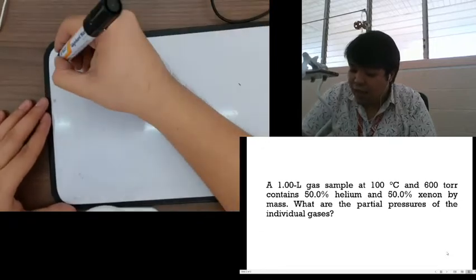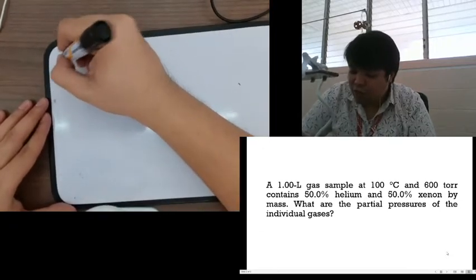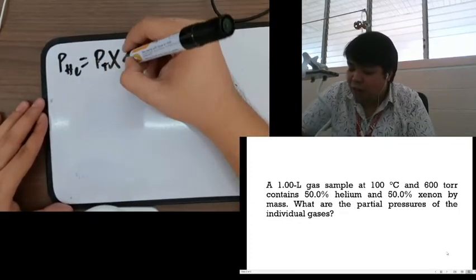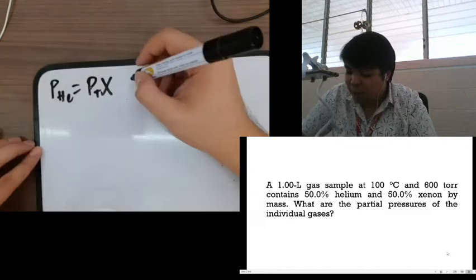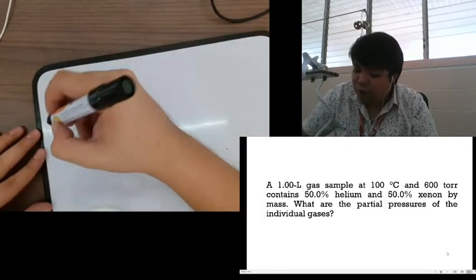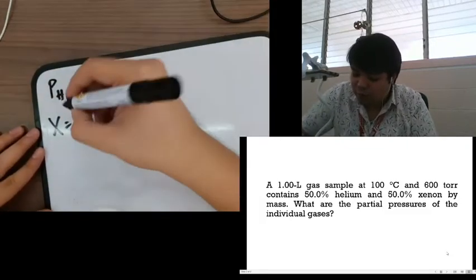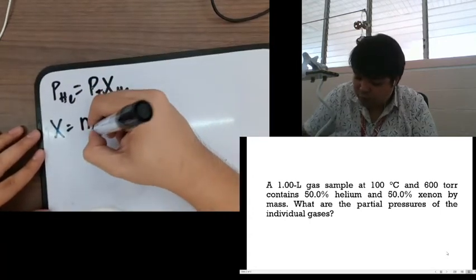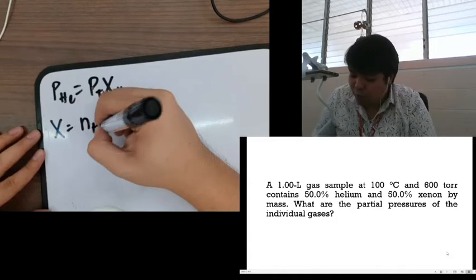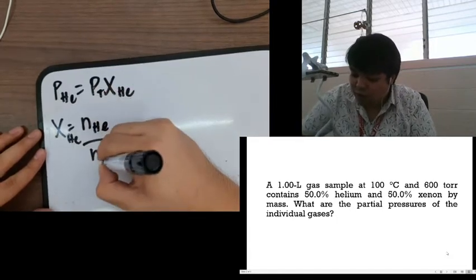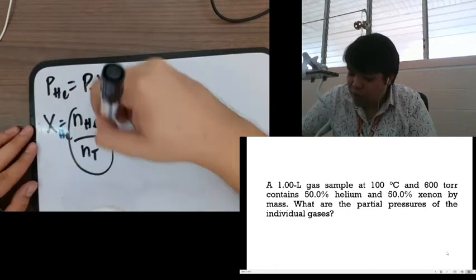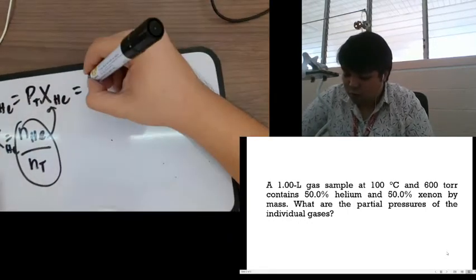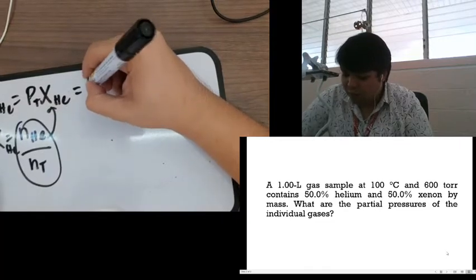And we know that the partial pressure is equal to the total pressure multiplied by the mole fraction of that gas component. And we know that mole fraction is equal to the number of moles of that component divided by the total number of moles. So, substituting this expression to here, we get this expression.